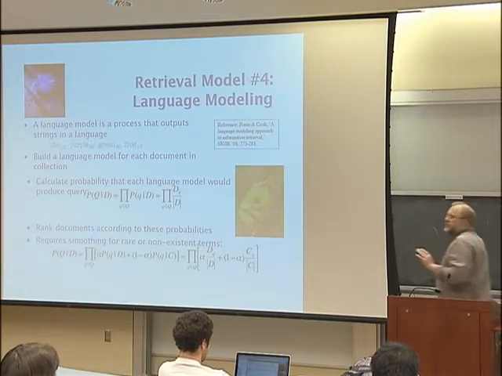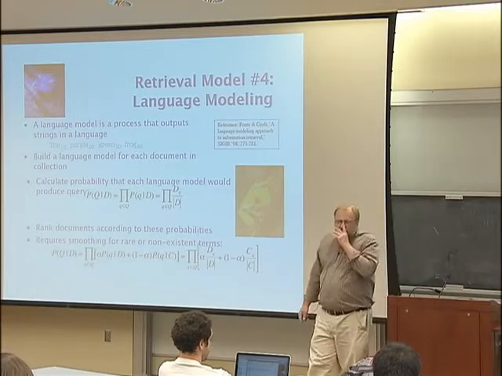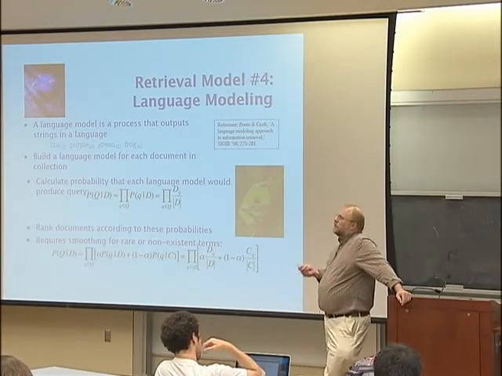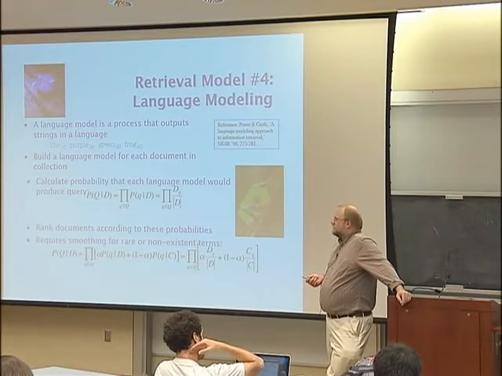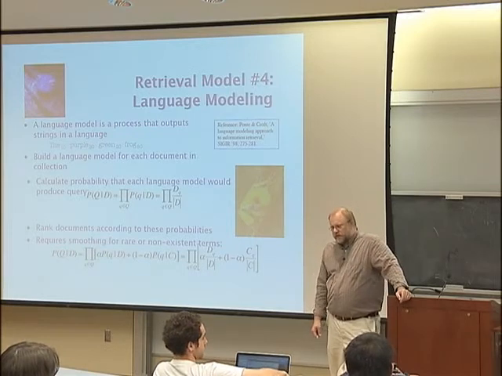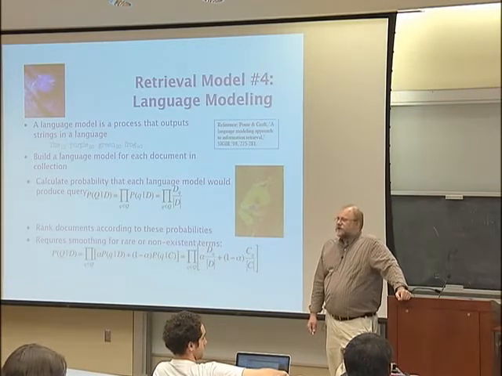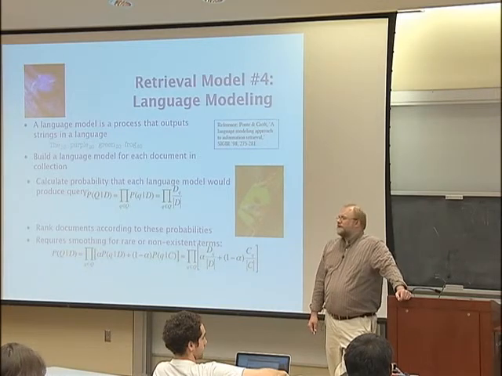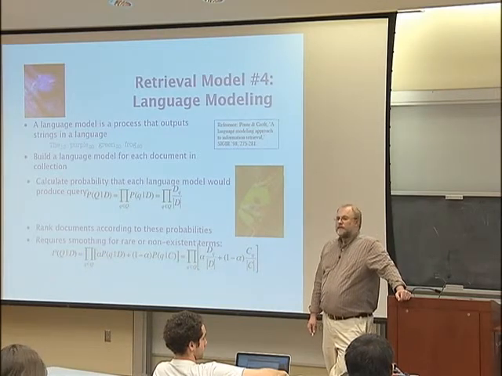The final similarity metric we'll talk about here will be very familiar to some of you. It's the language modeling approach. In the language modeling approach, we ask the question: if we build a language model from this document, what are the chances that that language model will generate our query?